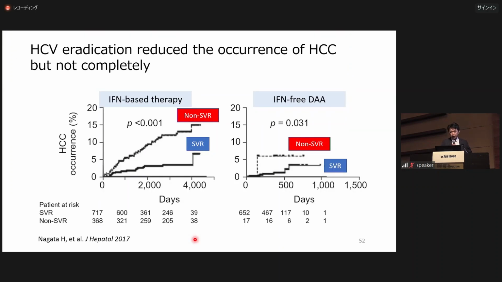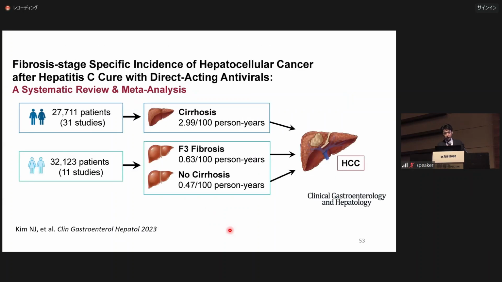HCV eradication reduces the occurrence of HCC, but not completely, in both interferon-based therapy and interferon-free DAA therapy. This meta-analysis shows that if the patient has cirrhosis, 2.99% per year developed HCC.